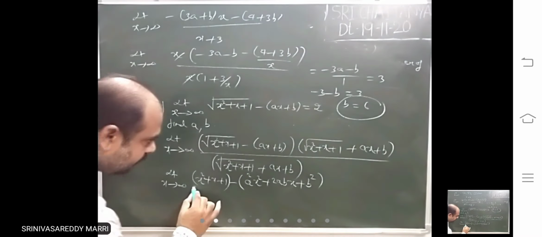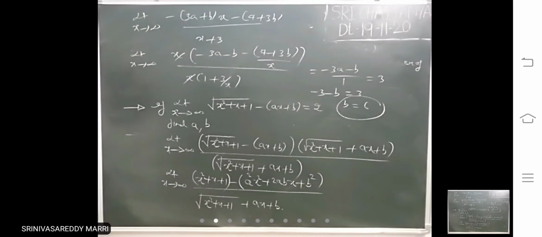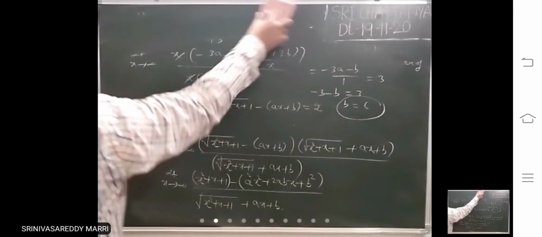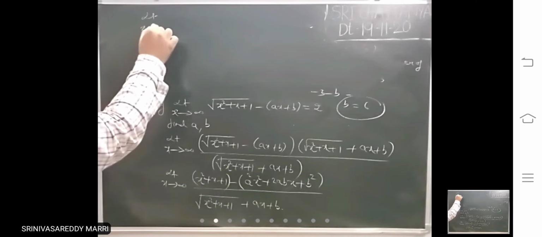Divided by root of ax plus b. Now arrange the terms in the numerator. Rearrange the terms. What you will get?